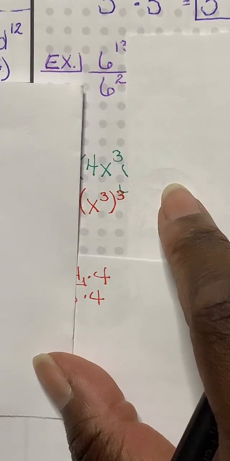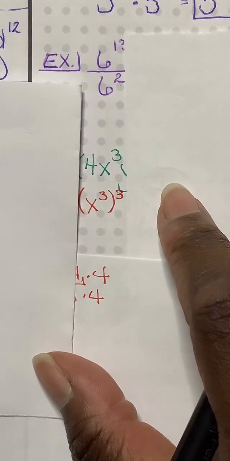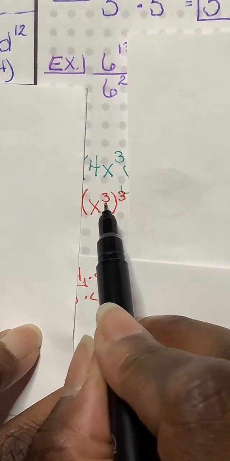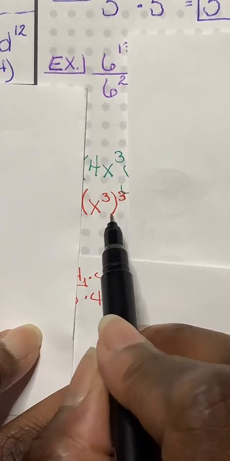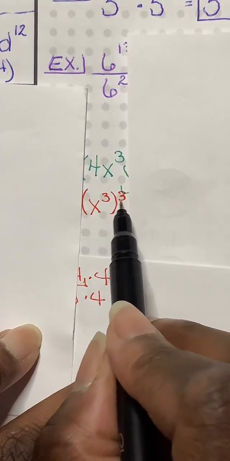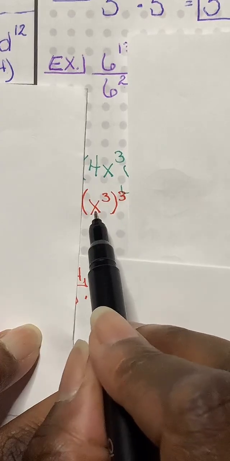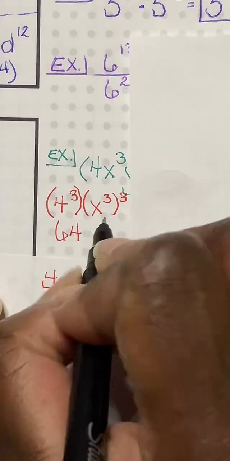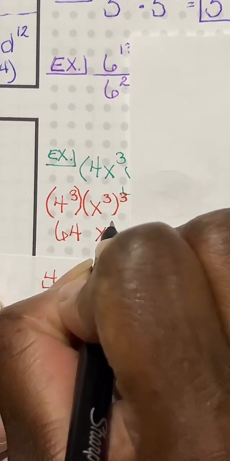Not x to the sixth, because remember, it's being separated by a parenthesis. So your exponent is being separated by another exponent. So this is telling me multiplication. So it's going to be x raised to the 9th power. So we got our x to the 9th.